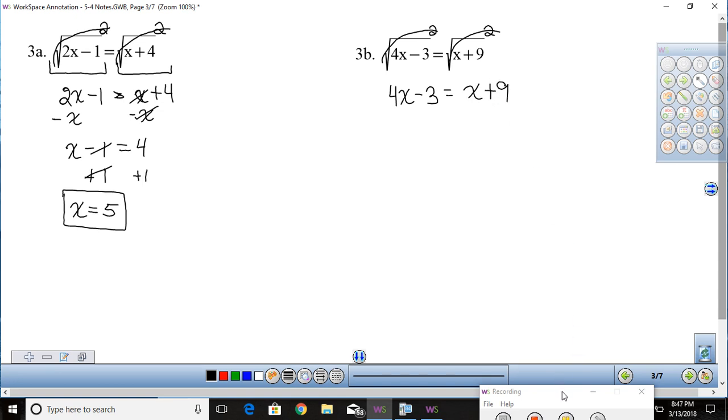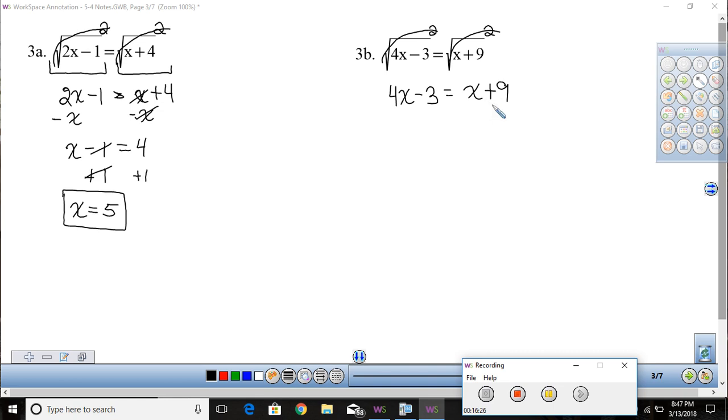So now I'm ready just to get everything kind of together. So since this x is smaller than this x, I'm going to move it. So I'll subtract x. So it cancels over here. So I have 4x minus 1x is 3x minus 3 is equal to 9.